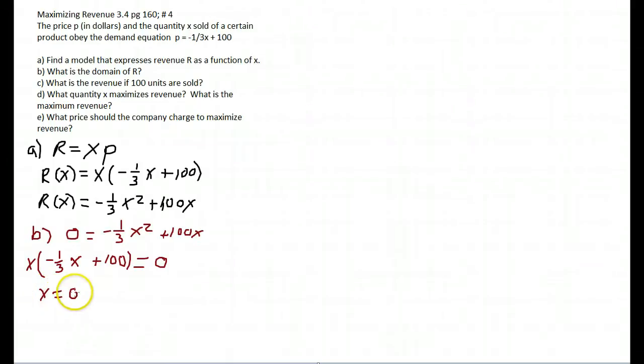So X equals 0 and negative 1/3 X plus 100 also equals 0. Well, the first one, X equals 0, is already solved for X. For this one, we have to subtract 100, so we have negative 1/3 X equals negative 100.